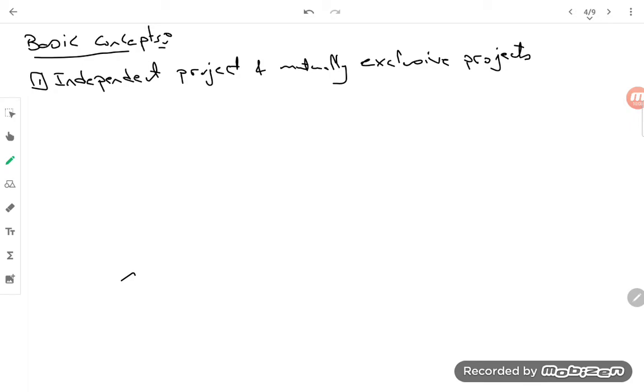Independent projects are projects whose cash flows are unrelated to one another.